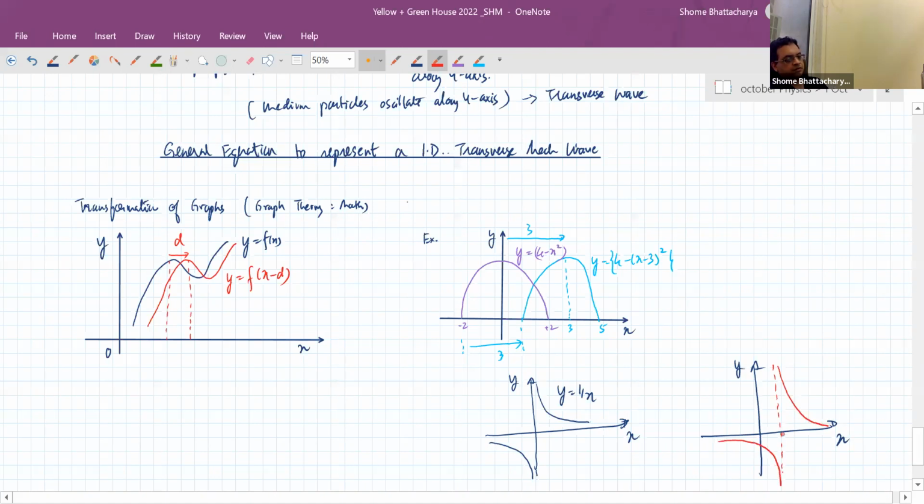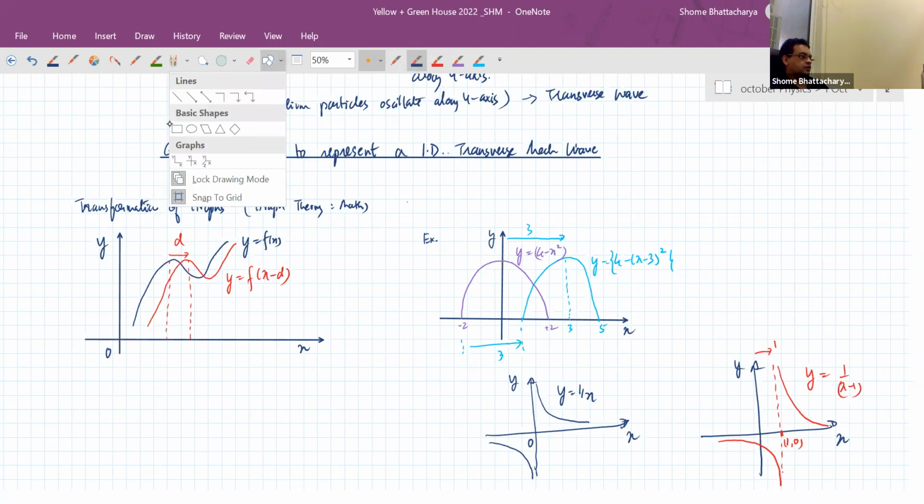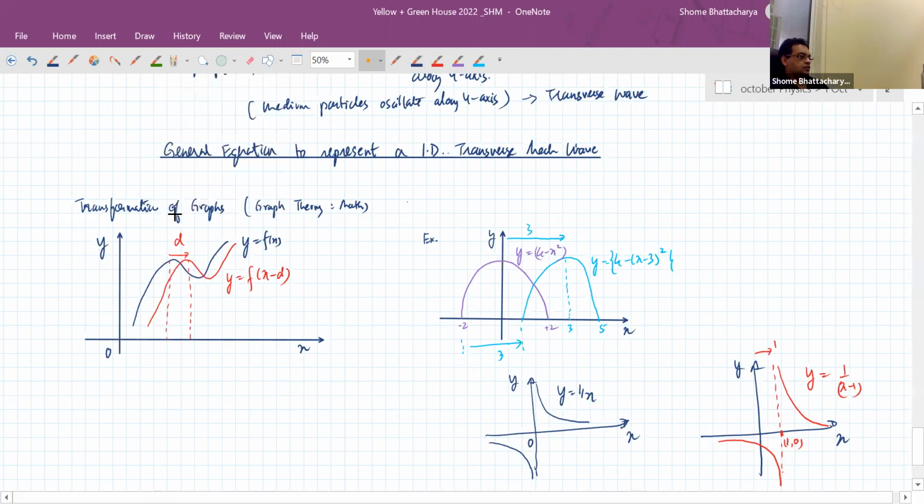Now we want to shift this graph so that this point is (1, 0) now. So this you can do by just replacing x with x minus 1. So the whole graph shifts by 1 unit like this. So this is just transformation of graphs along the x-axis. Simple concept that we are first reviewing from maths.